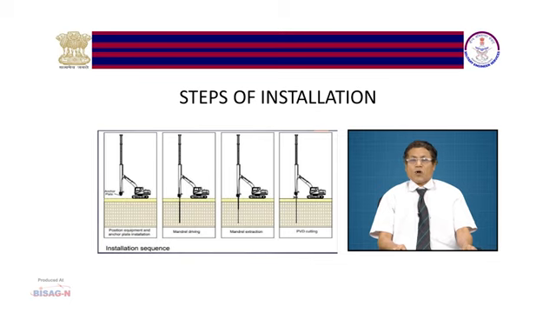After that, hollow mandrel, which is attached with these machineries, will keep on digging up to the desired depth along with the PVD. Now, after reaching the desired depth, the mandrel is withdrawn, leaving the PVD at this level. Now, after coming out of this mandrel on the soil, this PVD is cut.